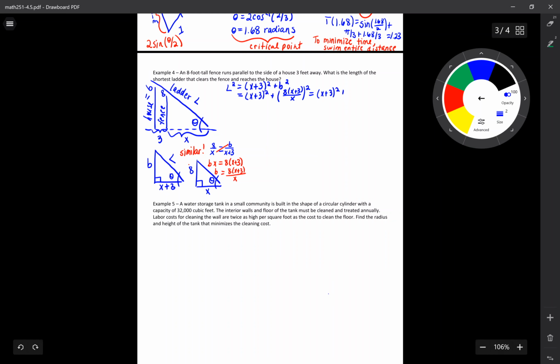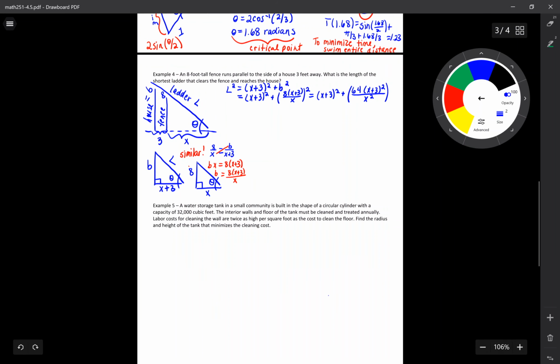If I square every term in my 8 times x plus 3 over x squared, I get 64 times x plus 3 squared divided by x squared. And from this, I can factor out an x plus 3 squared. So if I factor out an x plus 3 squared, I'll be left with 1 plus 64 over x squared.